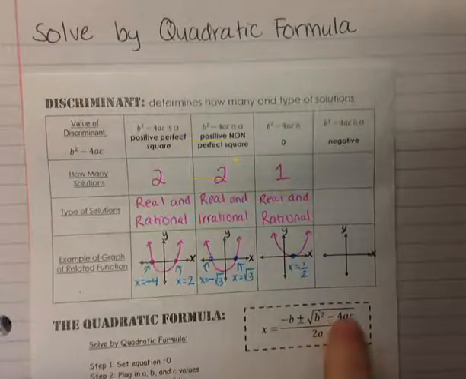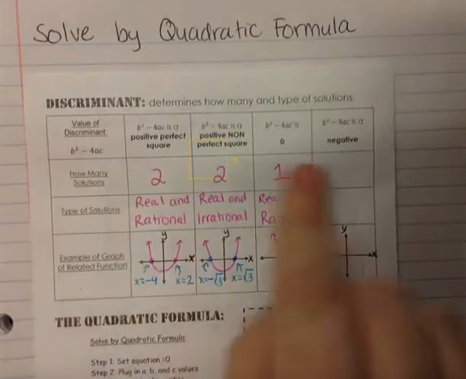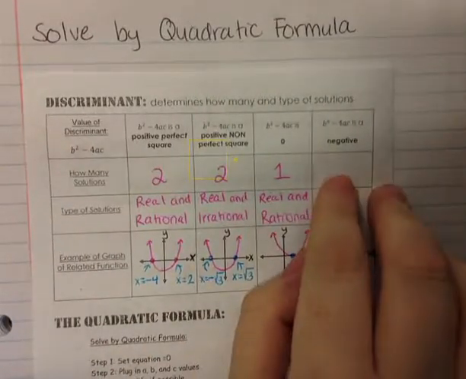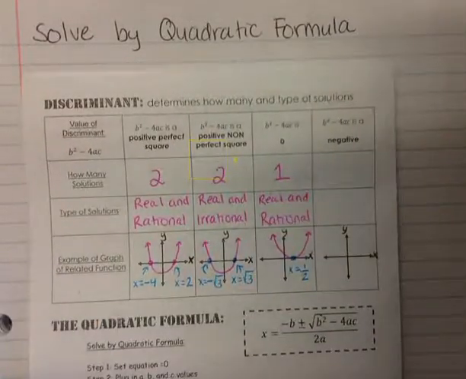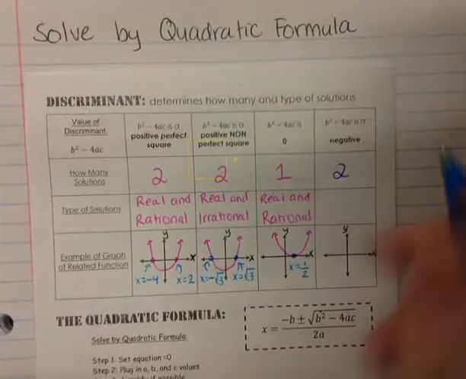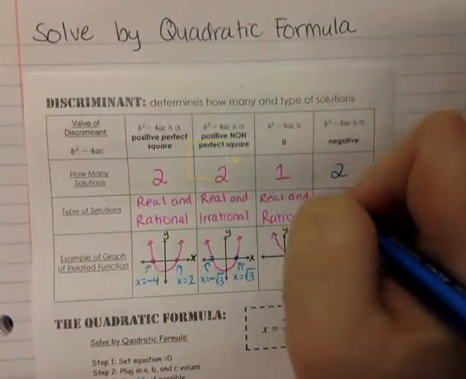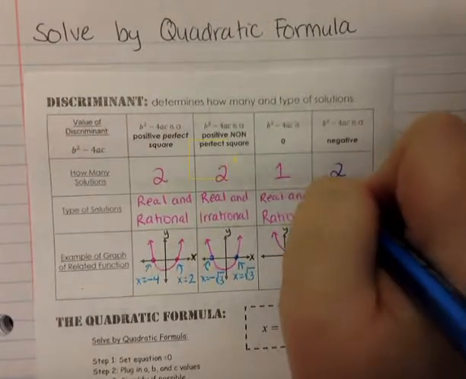That's your radicand. So your discriminant is your radicand. You can't take the square root of a negative in your calculator, but you could still do it by hand. You would still have two solutions, but they would be imaginary, because you'd have to end up taking out that i. Imaginary.